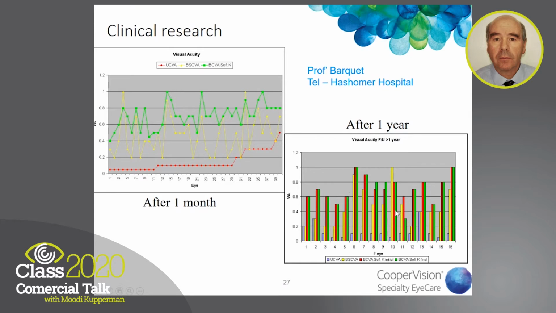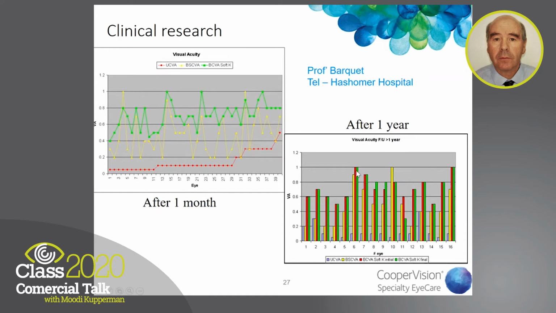They did the same research after 1 year on 16 eyes. At the beginning, there were 30 or 40 something eyes. After 1 year came only 16 eyes, but we can see that the green line is still in a very good position, and we are very happy with this solution.